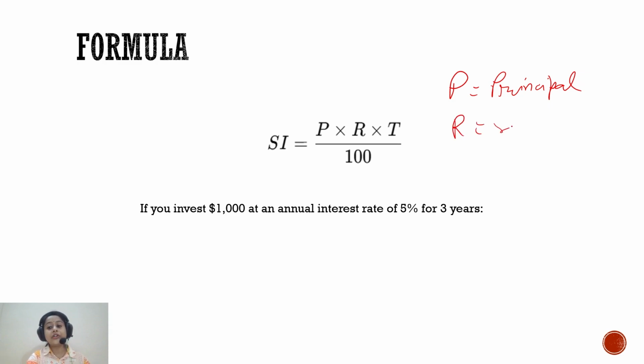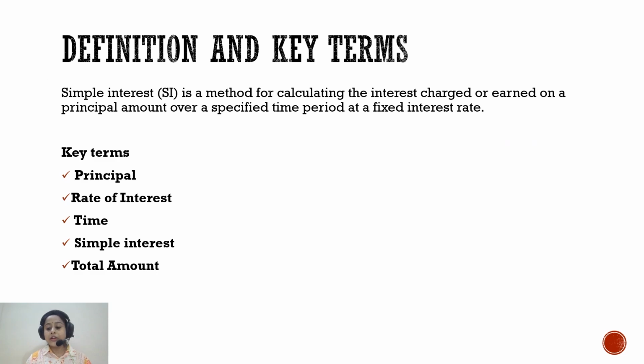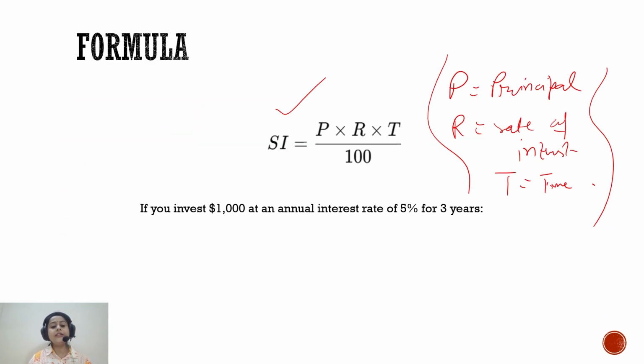R is the rate of interest, and obviously T is time, the duration, for how many periods you have borrowed or invested. If you apply this formula and have all this information, you will be able to calculate the total simple interest amount.